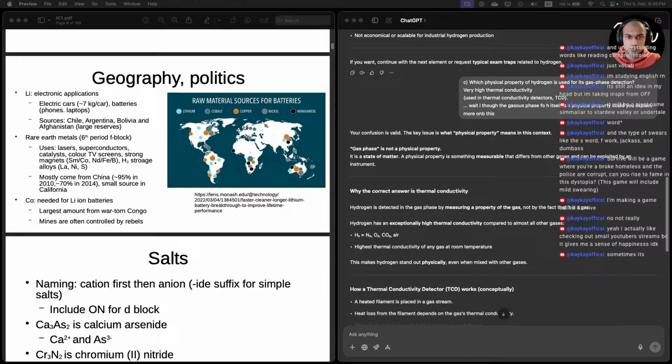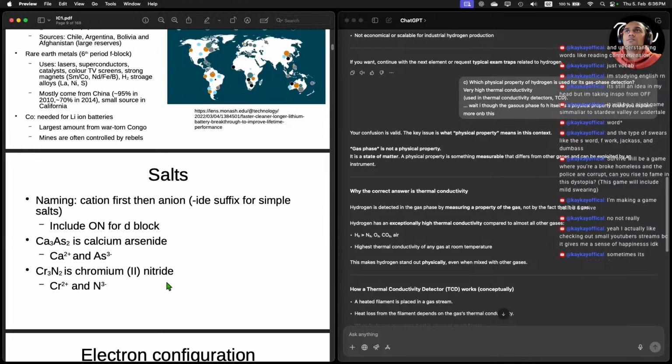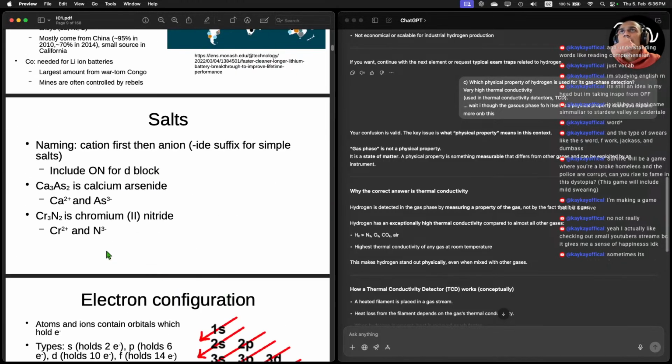New folder in inorganic chemistry. Salts naming: cations first, then anions. Ide suffix for simple salts, including ON for deep block.